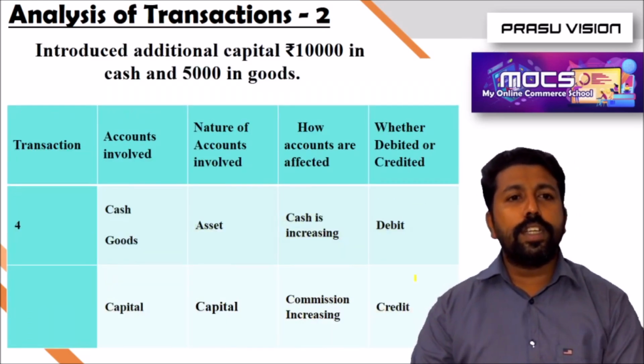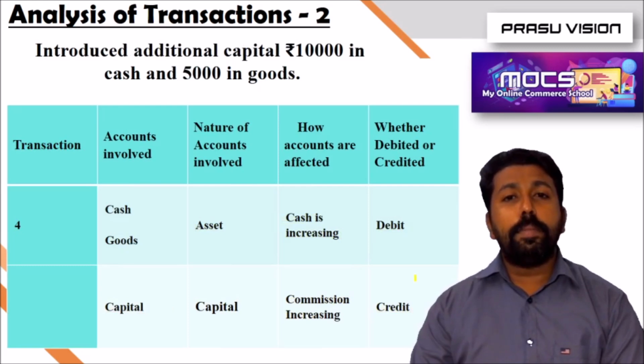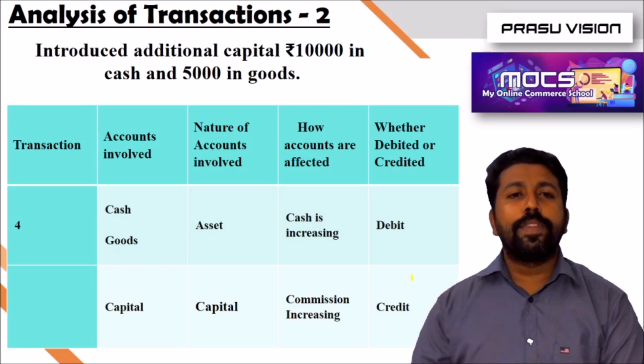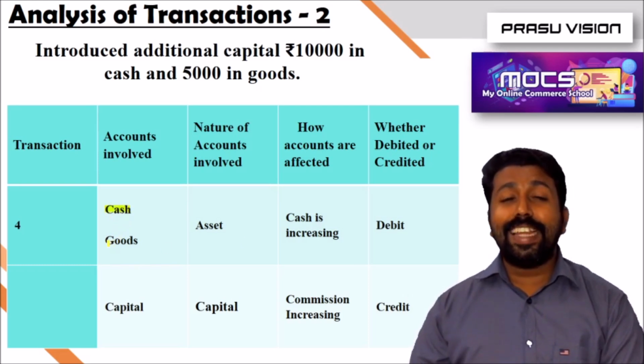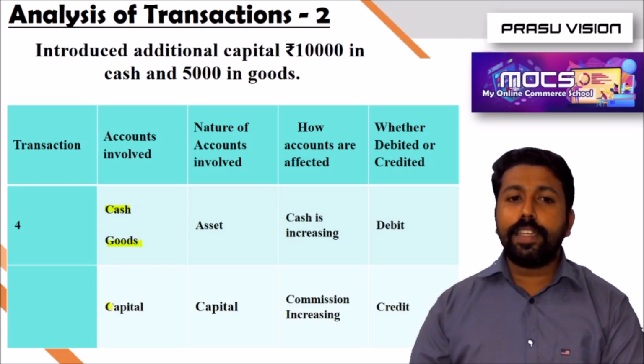And the next one is what? Introduced additional capital 10,000 in cash and 5,000 in goods. So two debit aspects are coming. Don't misunderstand that. Here two debit aspects and one credit aspect is here. So what is coming? Cash and goods is coming. So asset is coming.